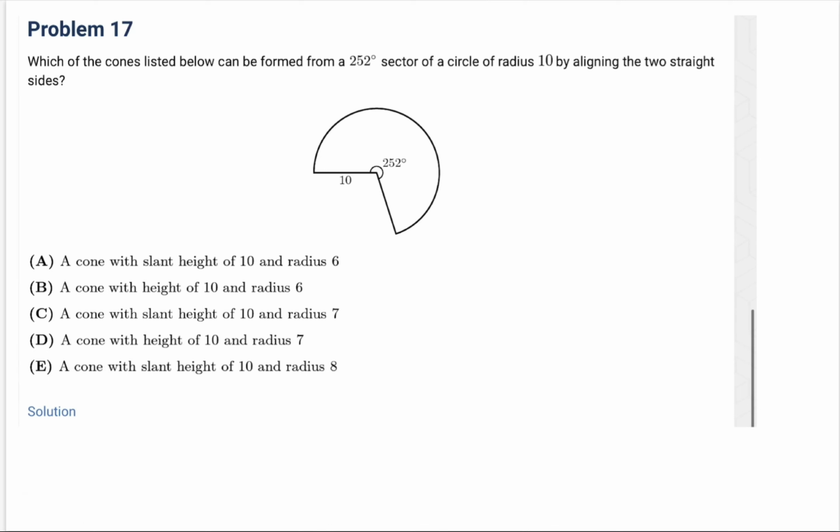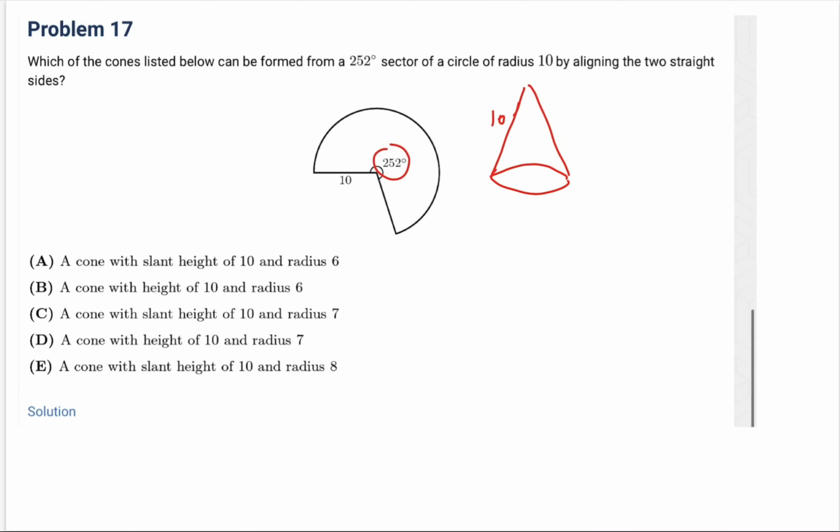And problem 17. Which of the cones listed below could be formed from a 252-degree sector of a circle of radius 10 by aligning the two straight sides? So you would put these two sides together into a cone shape like this, and this would have a length of 10.